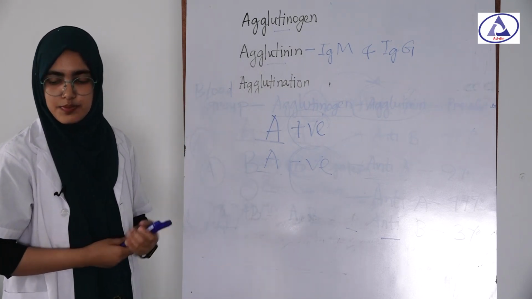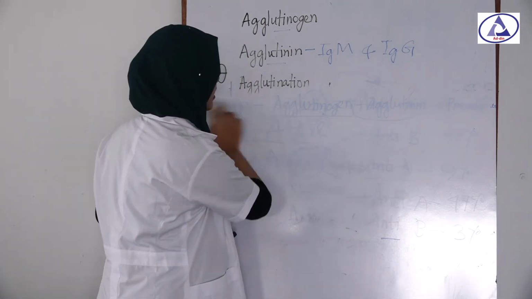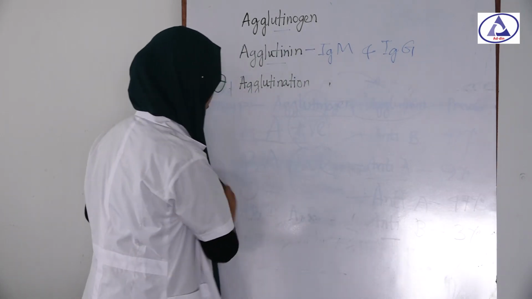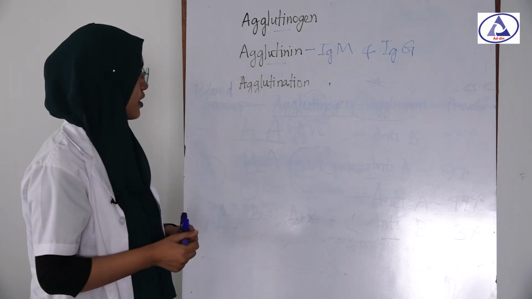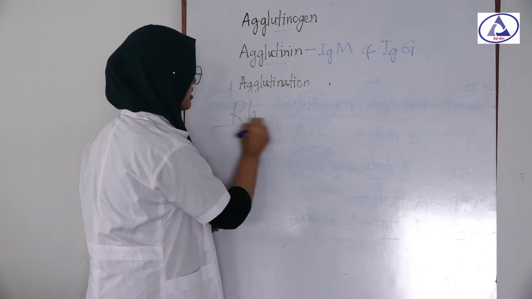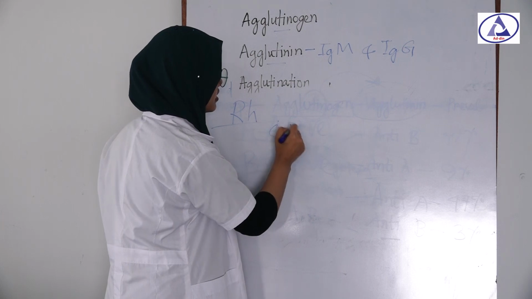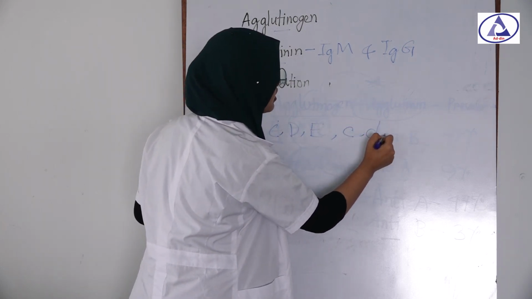How do we do RH blood grouping? The name RH came from a monkey, the rhesus monkey. The first RH factor was determined in the blood of the rhesus monkey. That is why it is called RH. In the RH blood grouping system, there are 6 antigens: capital C, D, E and small c, d and e.